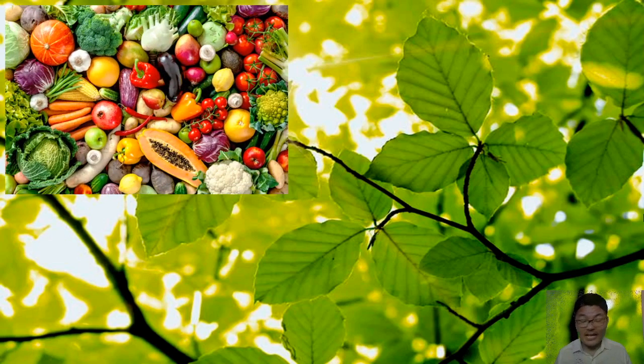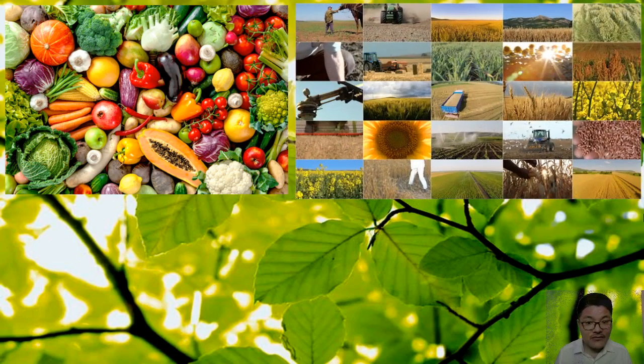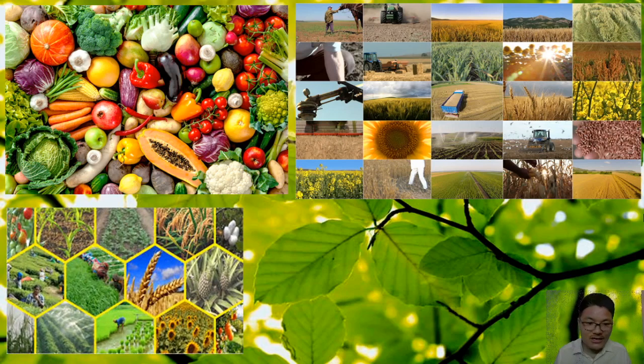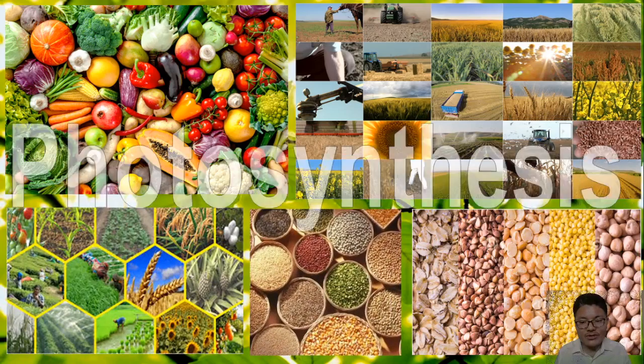Because of the life processes in plants, we are very fortunate to have different fruits, vegetables, and every year our farmers are working so hard to produce different crops, right? Many different types of food grains are produced by farmers.